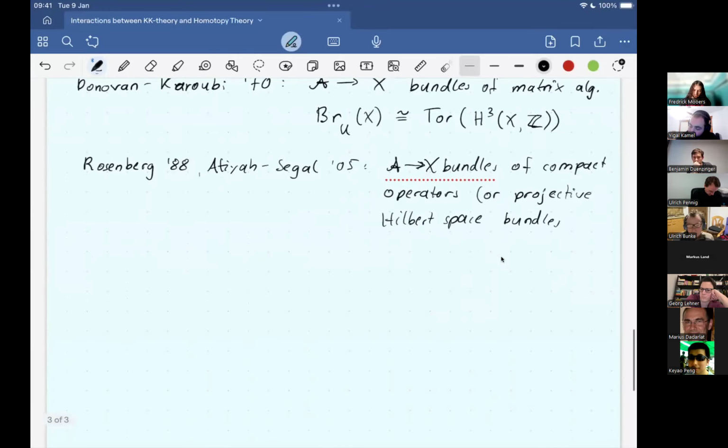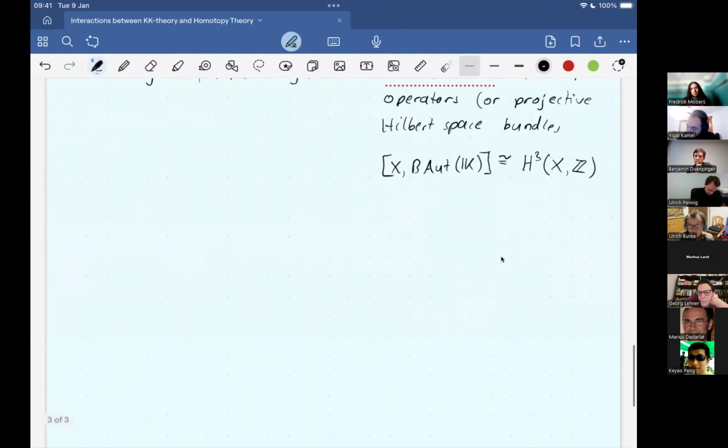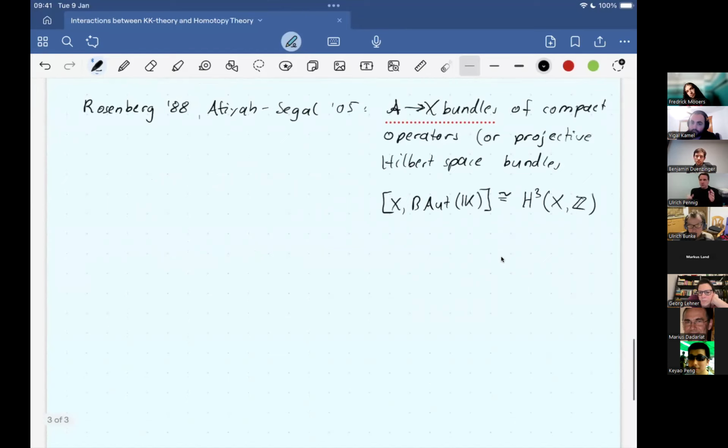And you can also classify these. So the classification here is, a locally trivial bundle of compact operators is classified by this. And that turns out to be isomorphic to the third cohomology of X with integer coefficients by the so-called Dixmier-Douady class.